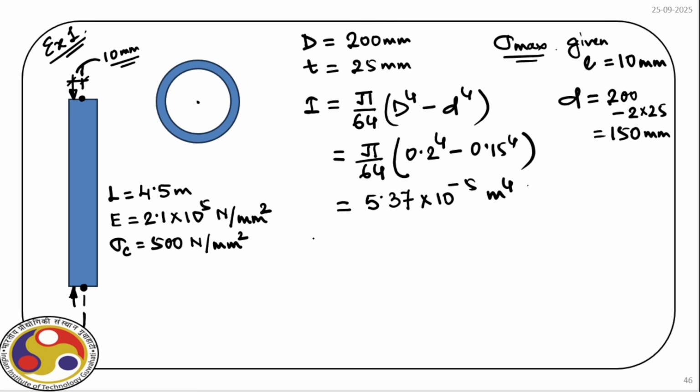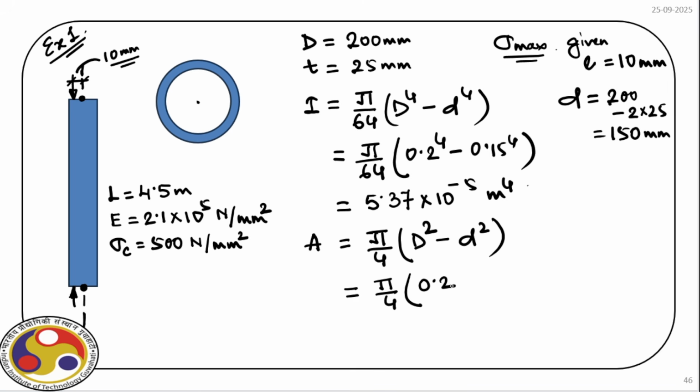Let us also find out cross-sectional area, which is equal to pi by 4 within bracket capital D square minus small d square, right? So we have pi by 4, then 0.2 square minus 0.15 square.